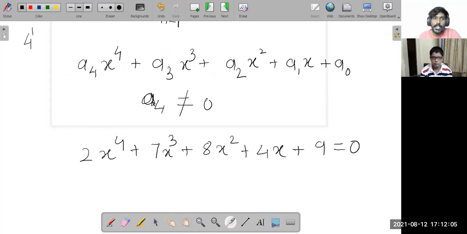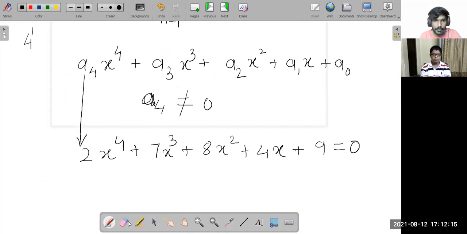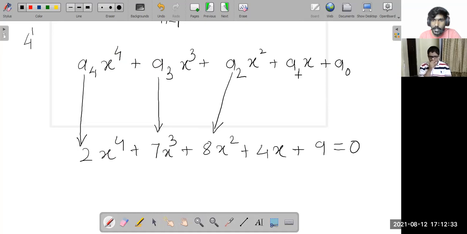So a4 is nothing but the coefficient of x raised to 4. In this case, if you compare, a4 is 2. Then here a3 will be 7. Why is a3 7? Because the coefficient of x cube is a3, and here the coefficient of x cube is 7. Similarly, a2 will be 8, a1 will be 4, and lastly a0 will be 9.